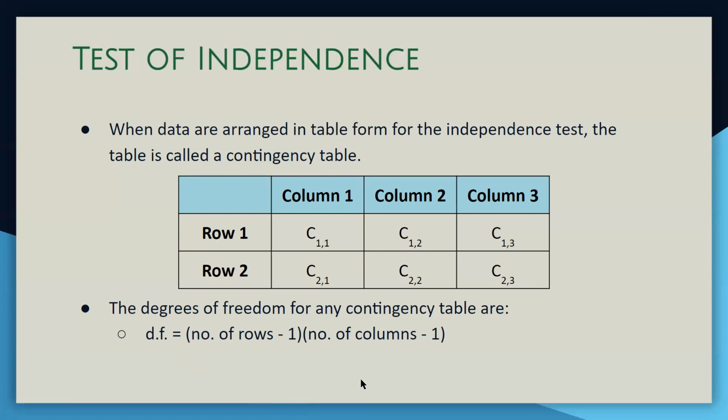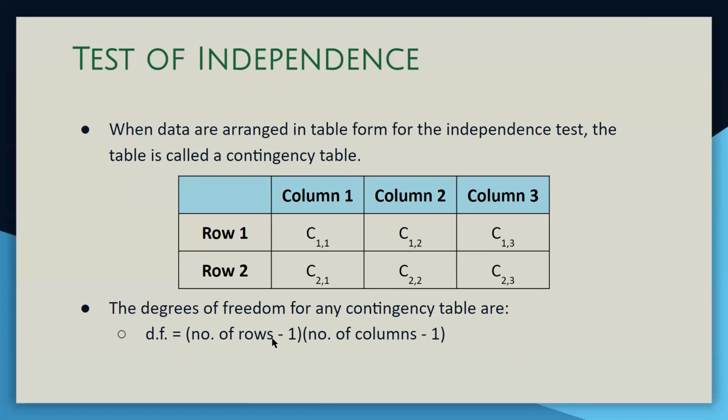The degrees of freedom for these contingency table tests, both independence and homogeneity, which is the next video, are the number of rows minus 1 times the number of columns minus 1. In this particular example, we have 3 columns and 2 rows.